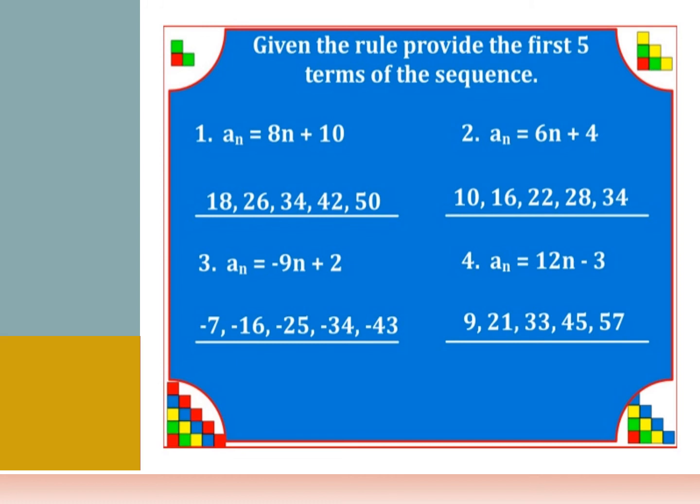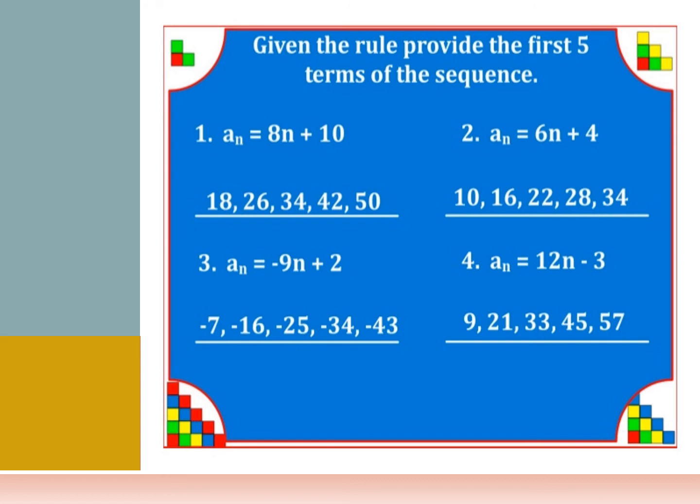For the second one, d is equal to 6, and starting with 6 plus 4 is 10. So 10, plus 6, plus 6, plus 6, plus 6. The third one, d is minus 9, and the first term of the sequence, minus 9 plus 2, is minus 7.